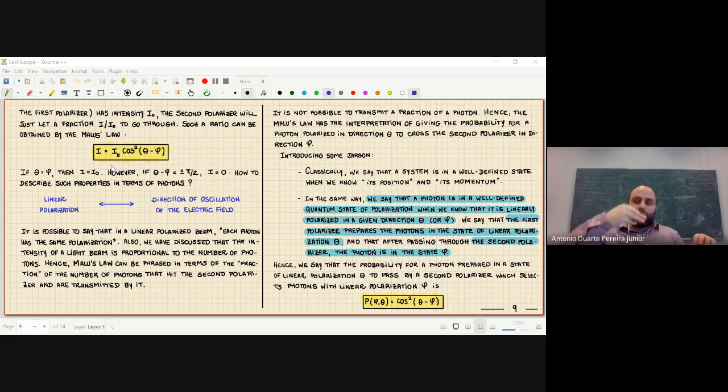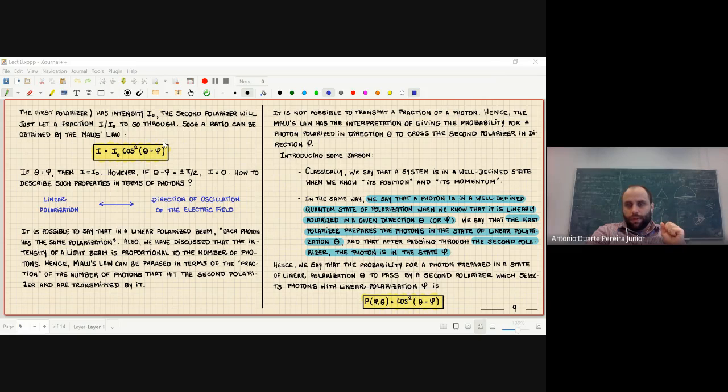Before the second polarizer, I had photons polarized in the theta direction. So I want to answer the following question: what is the probability that I will see a photon polarized in the phi direction if it was polarized in the theta direction? That is the question that we want to answer. And the probability is going to be cosine squared of the difference between theta and phi.